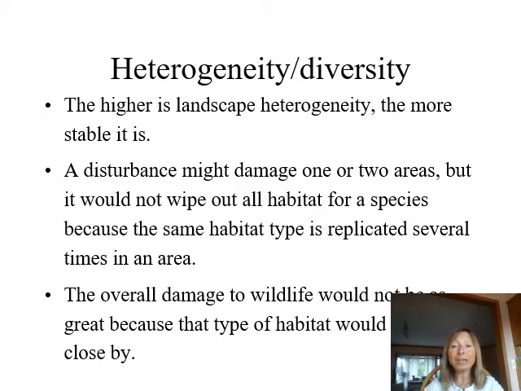On the other hand, if let's say we had a very homogeneous planted area, a forest plantation that is essentially composed of one type of landscape and one type of land cover with one species. If this area is exposed to disturbance, it would be just wiped out, by a disease or by a forest fire. It would have extremely low resilience.